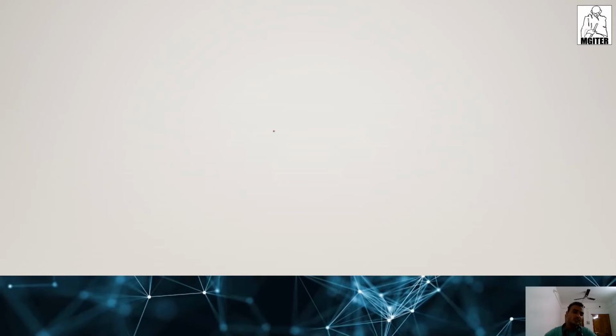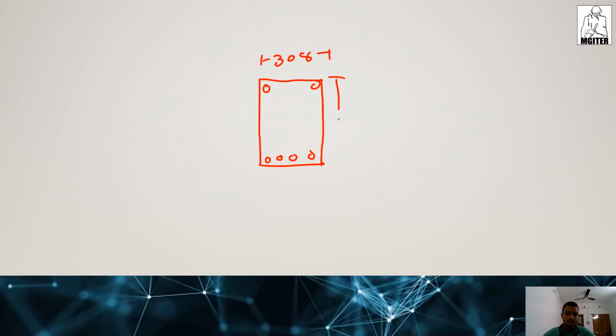Now we have to draw the cross section. Look here. Width is 300. Effective depth is 440. Cover is 40 mm.